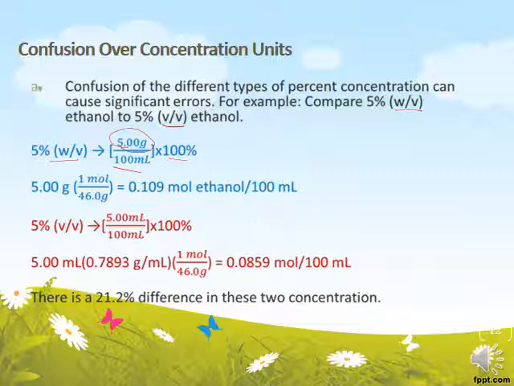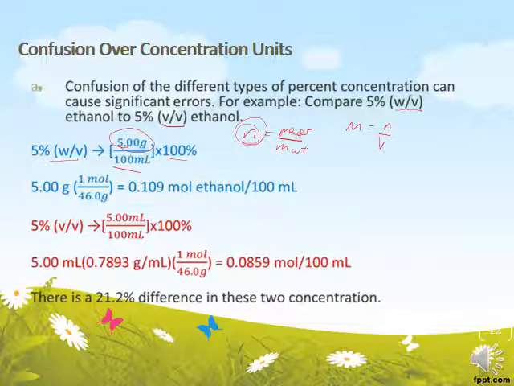To find number of mole, we need mass and molar mass information. So we need to convert it to number of mole first, because molarity is referring to n over volume.